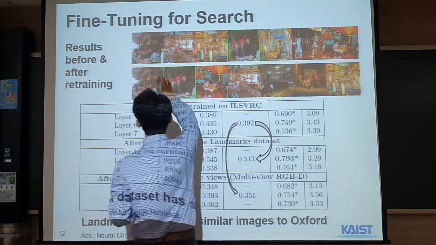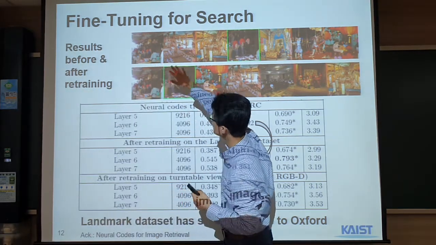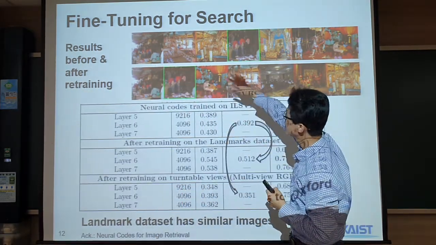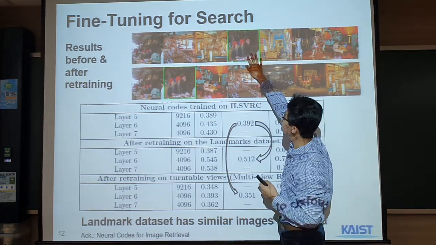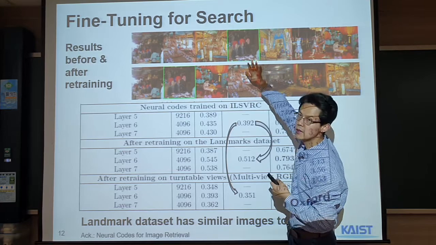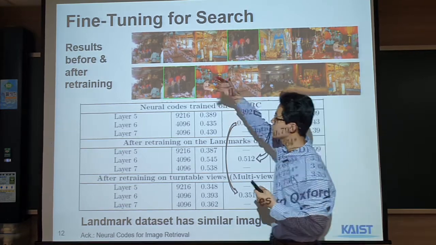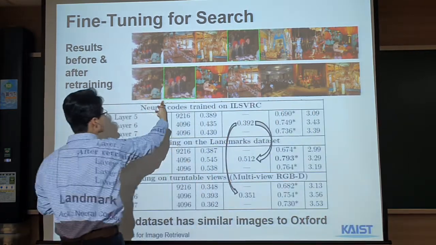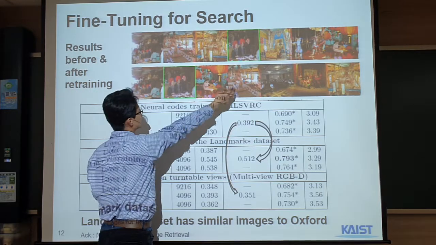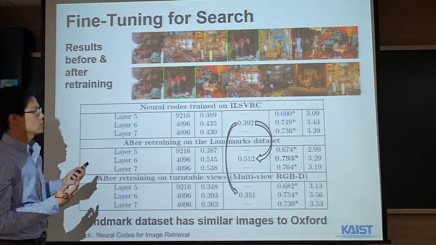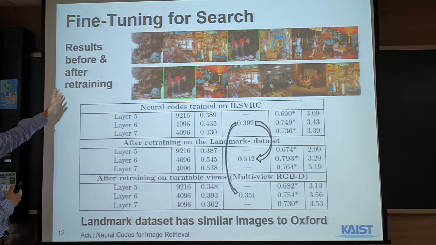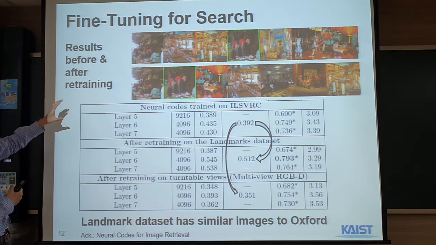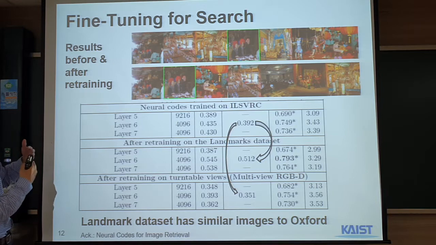In this query, you can see there are some people within a restaurant, right? Before the retraining, they identify this correct image, but it is located in the middle of the list. But if they do the retraining, they can push its rank up to almost the top. So you can see that by doing the retraining, the fine tuning, with a data set that is very similar to the test data set, they can achieve a better result.